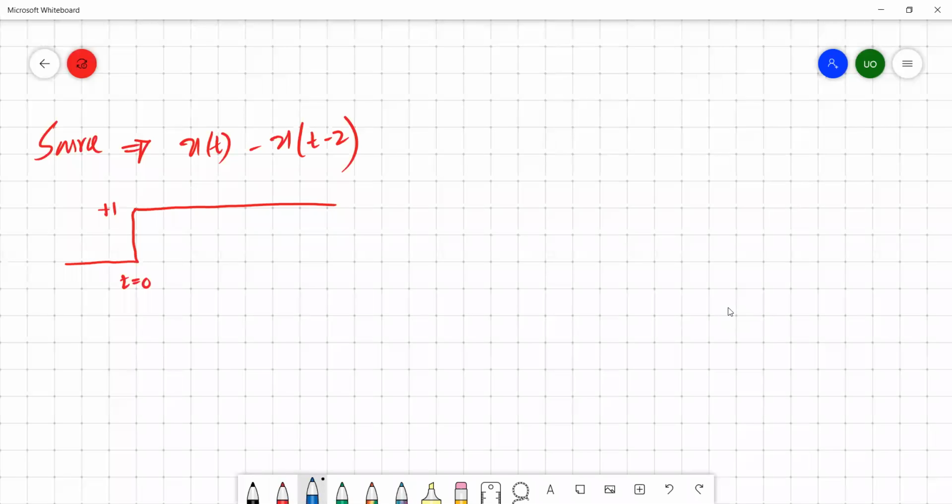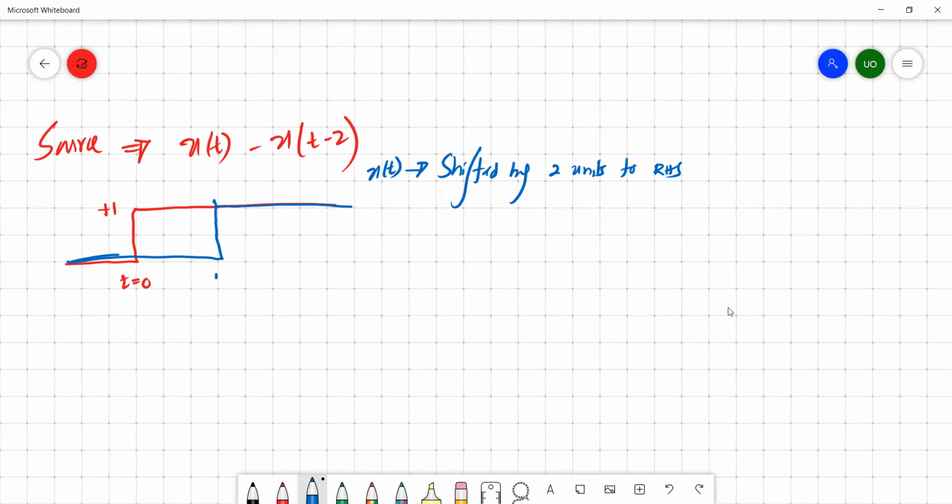Then we'll draw u(t-2). This u(t) is basically shifted by 2 units to the right hand side.